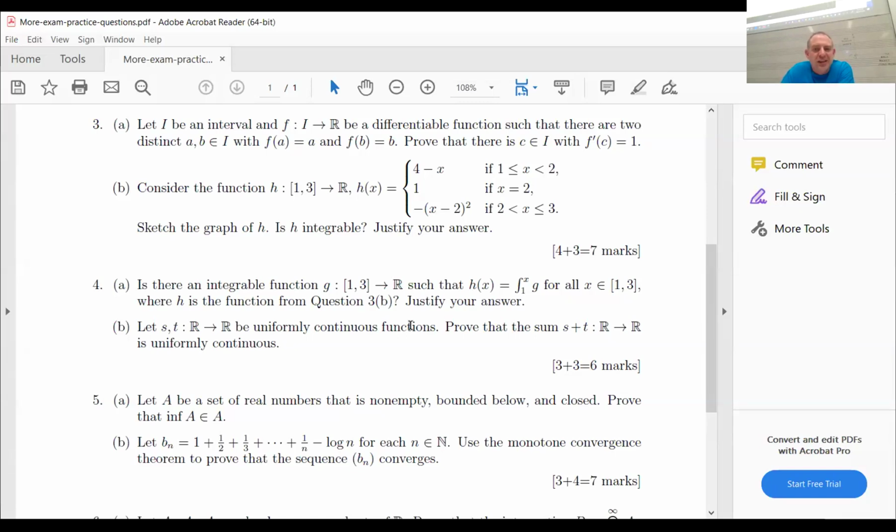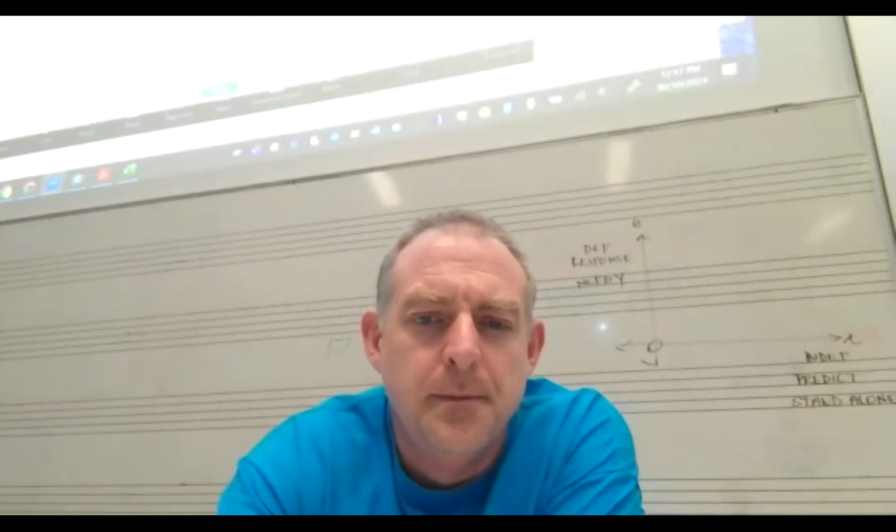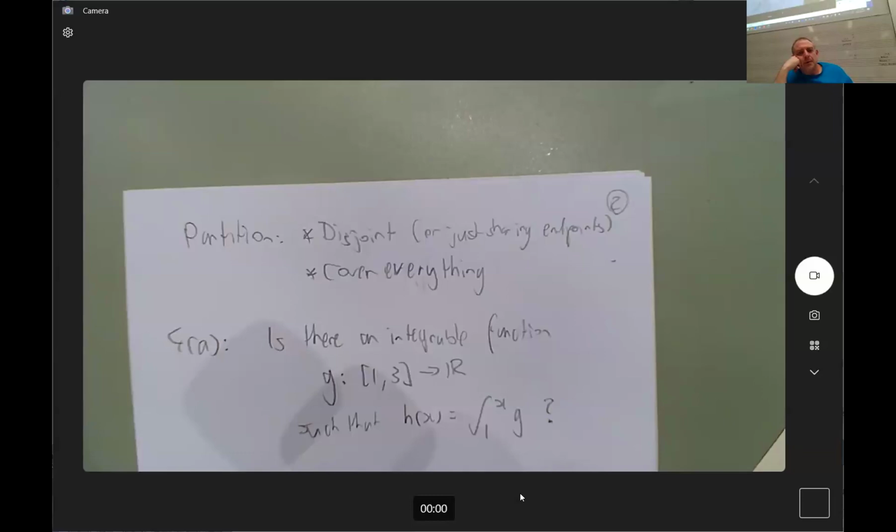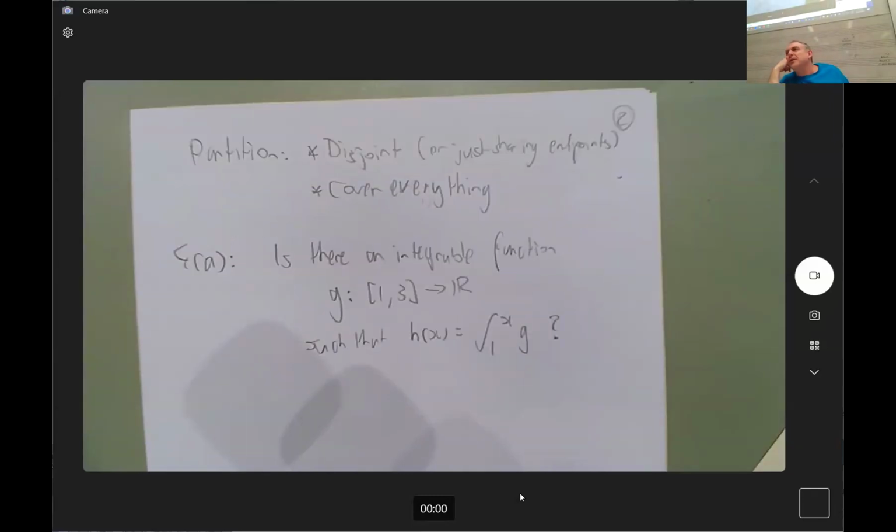Is there an integrable function g which sends [1, 3] to R such that h(x) is the integral from 1 to x of g? Well, that's asking if h is the derivative of something.